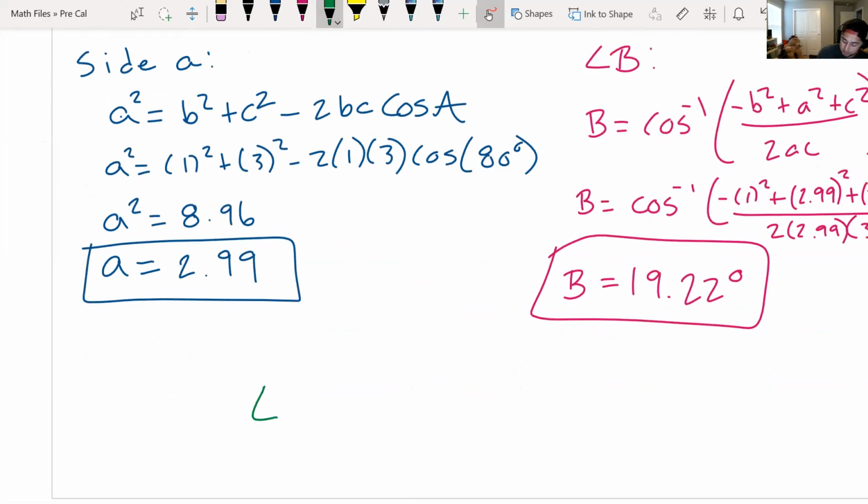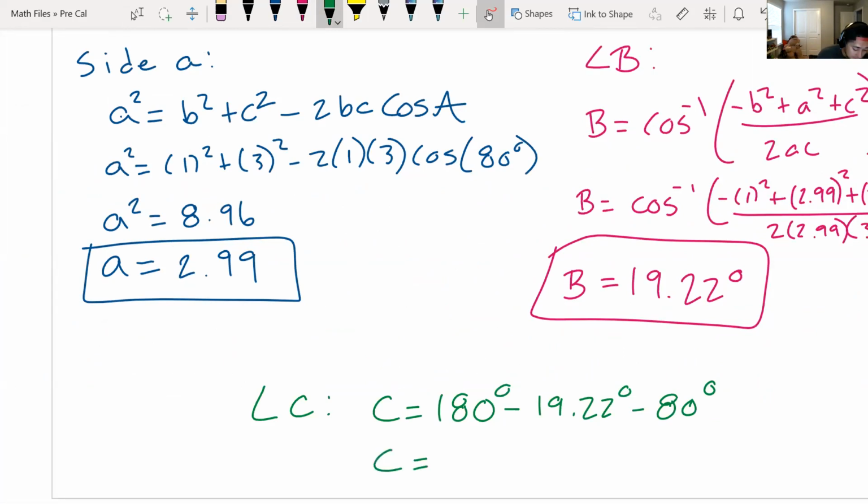And now, all you have to do is find C. So for angle C, C is going to be 180 minus 19.22 minus 80 degrees. And C is going to be 80.78 degrees.